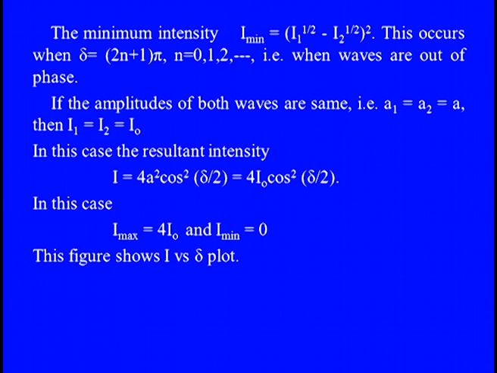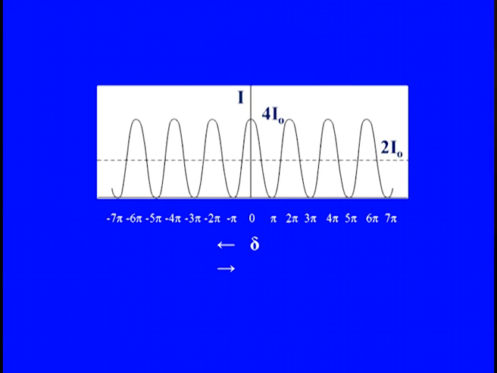In this case, the maximum intensity I max will be equal to 4 I naught and the minimum intensity will be equal to 0. This figure shows the I versus delta plot.